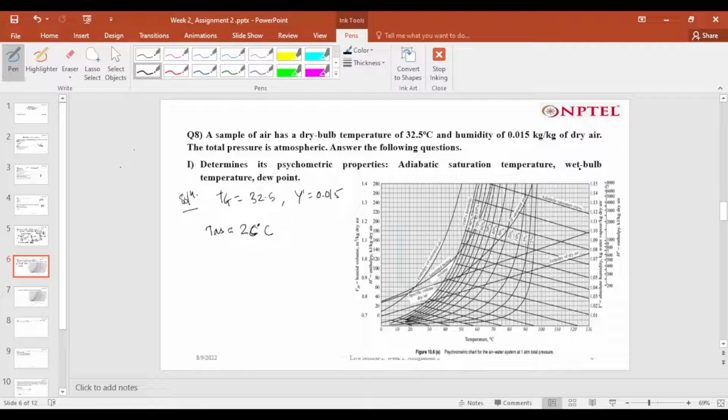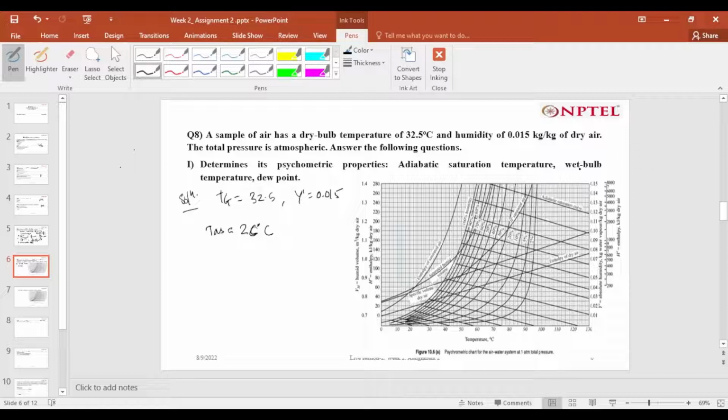So this temperature is 22.2 degrees Celsius. All of you clear? Yes, sir.